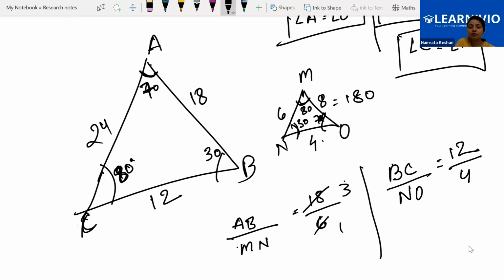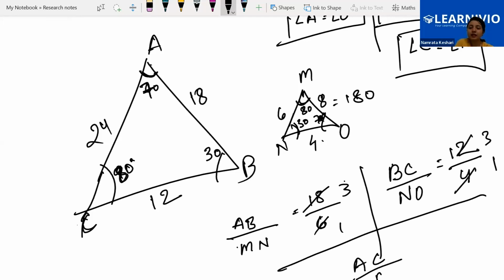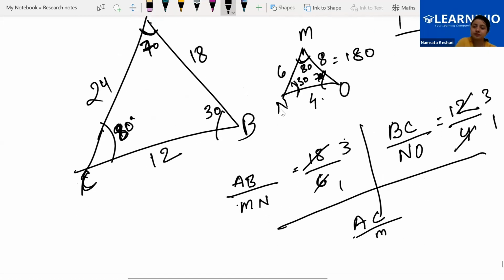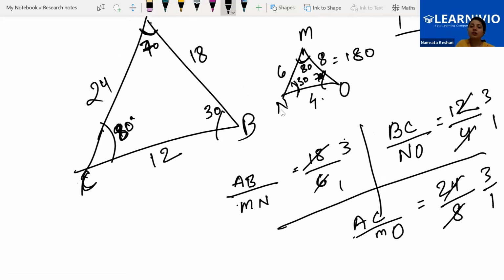Can you see 3 by 1? Similarly, I am taking the third side, that is AC by the third side MO. AC is 24, MO is 8. Can you see we are getting all the ratios between the sides the same, 3 by 1, 3 by 1, 3 by 1.